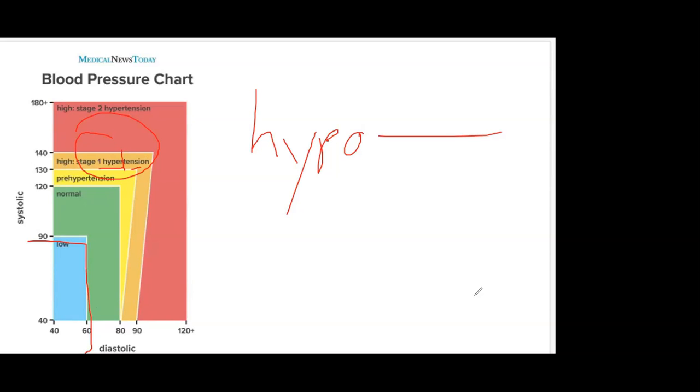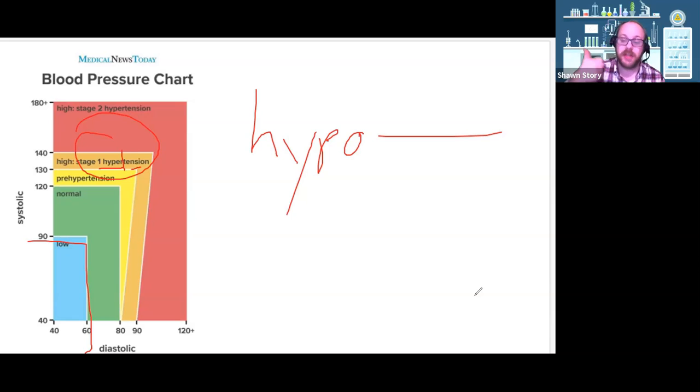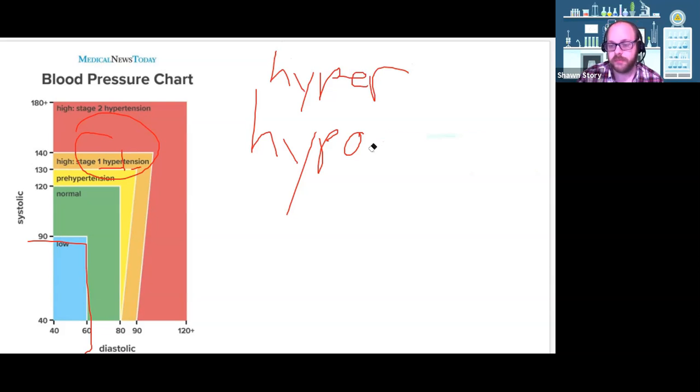Hypotension. Yes, we have hypertension. Hyper means above, hypo means below. So hypertension is high blood pressure. Hypotension is low blood pressure.